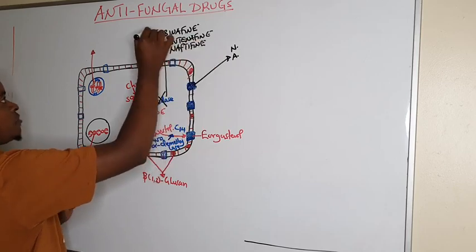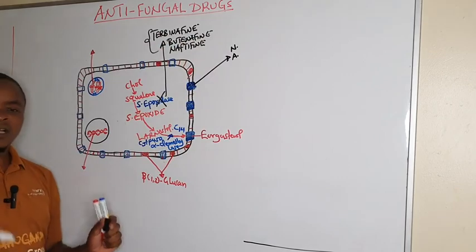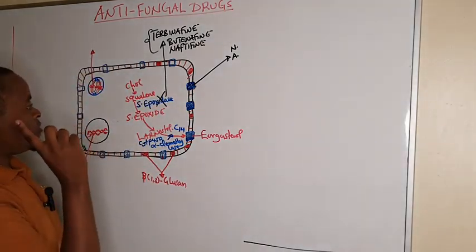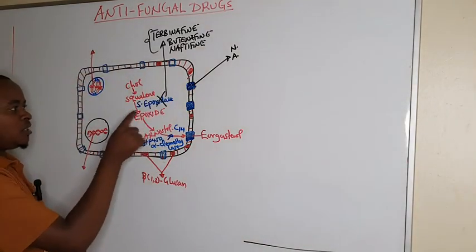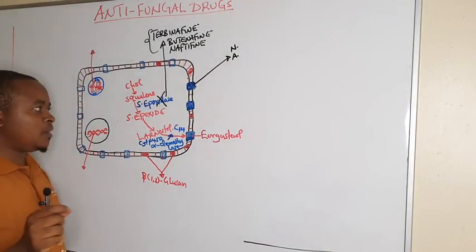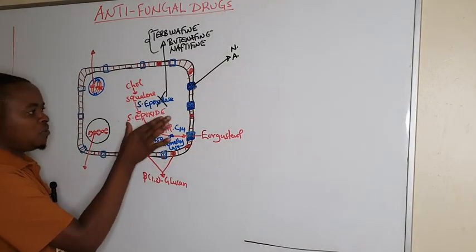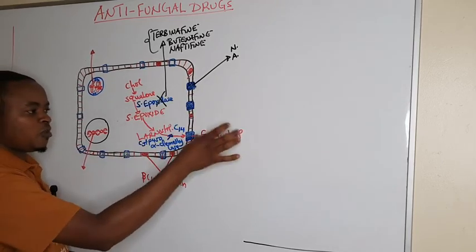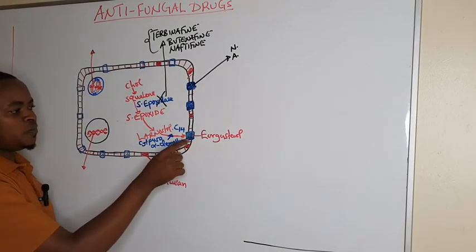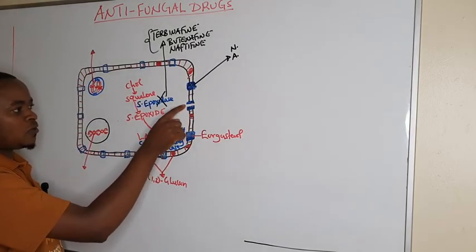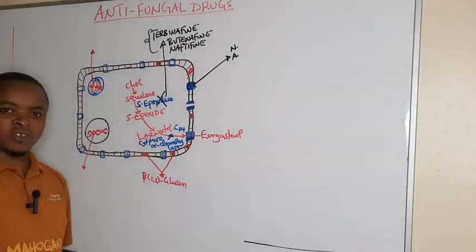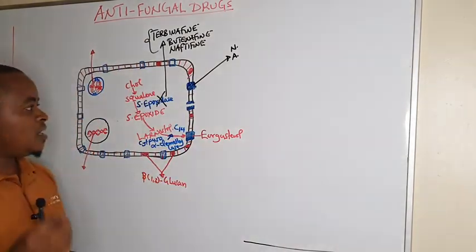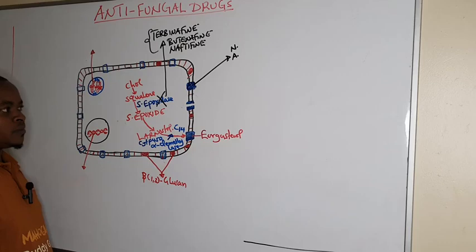So these are the three drugs which act by preventing formation of ergosterol by inhibiting the squalene epoxidase enzyme. So if I don't form squalene epoxide, I cannot form lanosterol. Without lanosterol, I cannot form ergosterol. And without ergosterol, it will create pores in the cell wall, leading to leakage of the intracellular contents such as hydrogen ions and potassium ions, leading to fungal cell death.